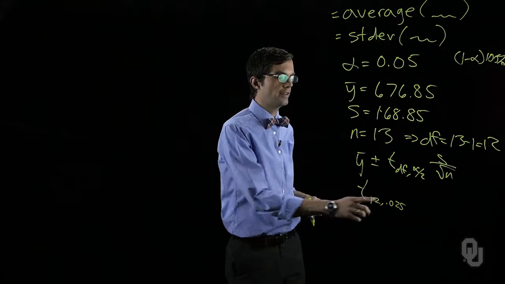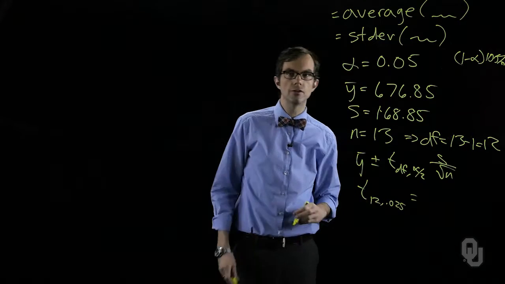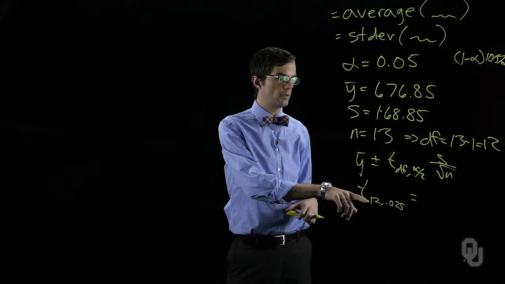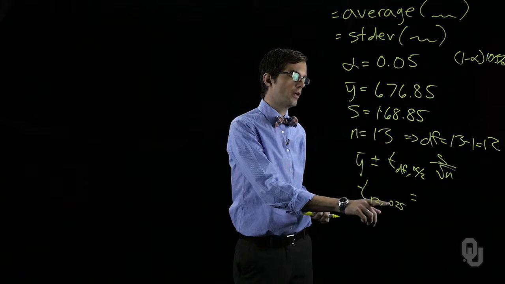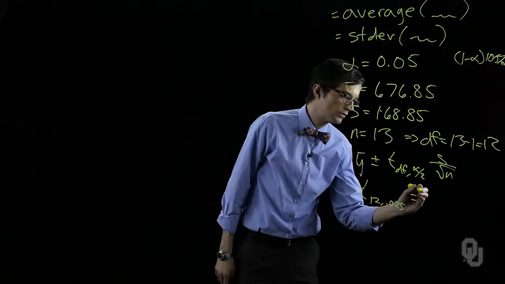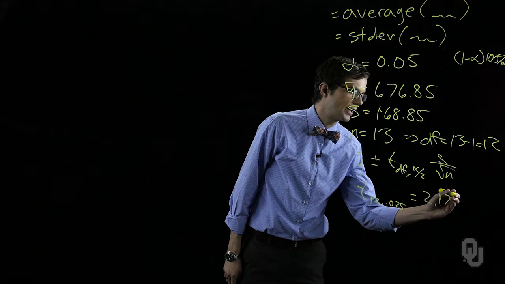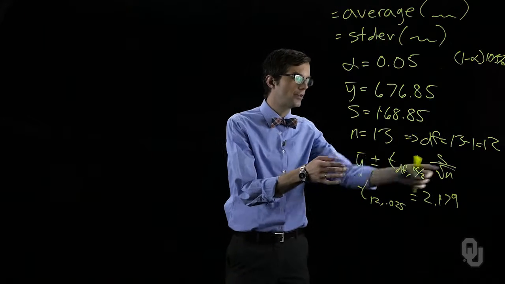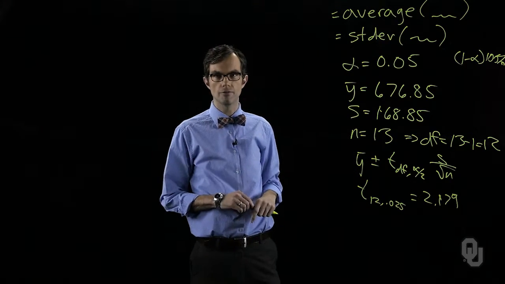We need to figure out what this is from our t lookup table. So we go to the row for 12 degrees of freedom, go over to the column with 0.025 in the upper tail, and we find that that value is 2.179.